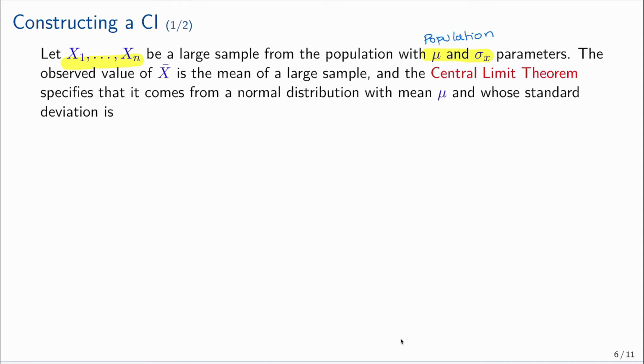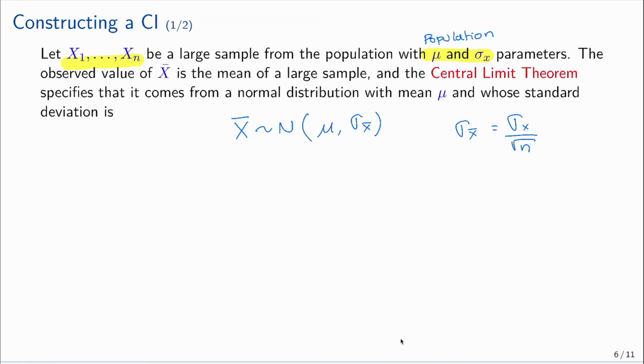Now, if x bar is the mean of the large sample, we can use the central limit theorem, and we know that the mean is normally distributed with mean mu and standard deviation given by sigma of x bar, the standard deviation of the mean. This standard deviation of the mean is equal to the standard deviation of the population divided by the square root of n, where n is the size of the sample.